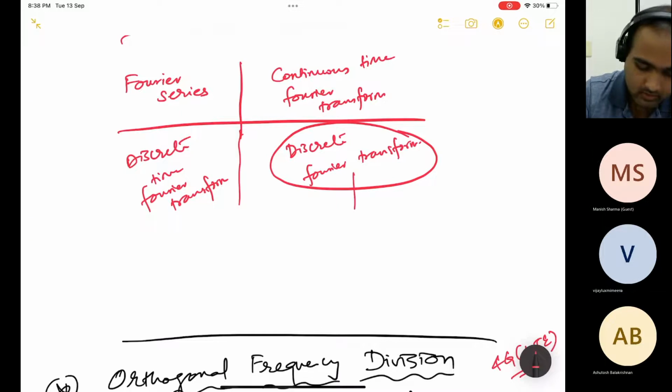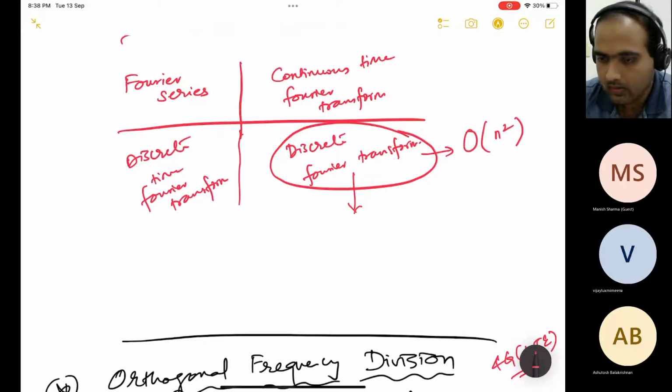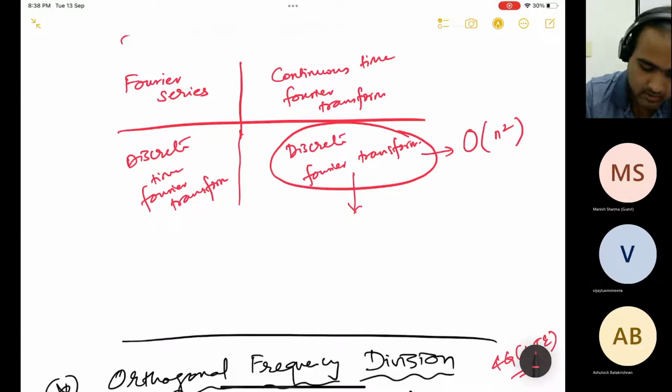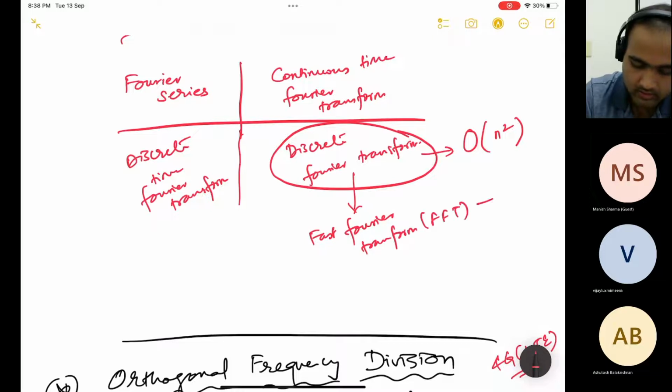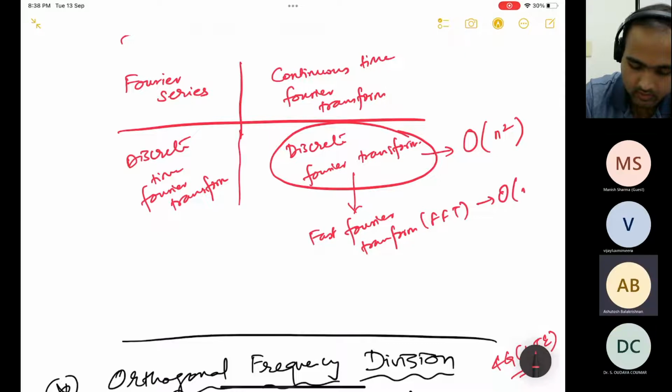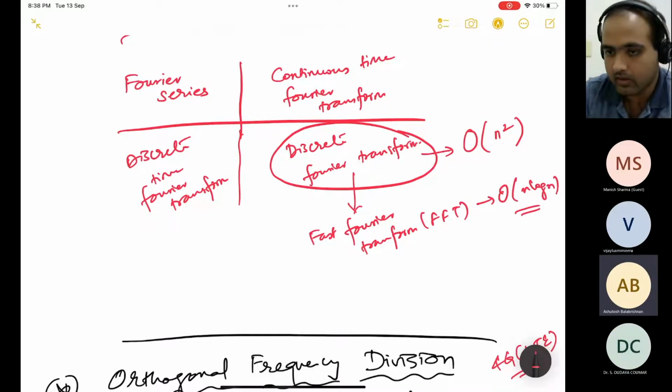The discrete Fourier transform has a complexity of, I think, N squared, and a much more efficient way of performing the DFT is the fast Fourier transform, or the FFT, and this has a complexity of N log N.